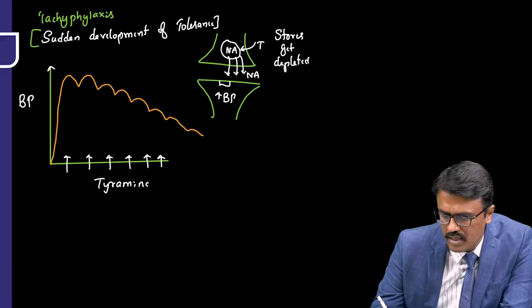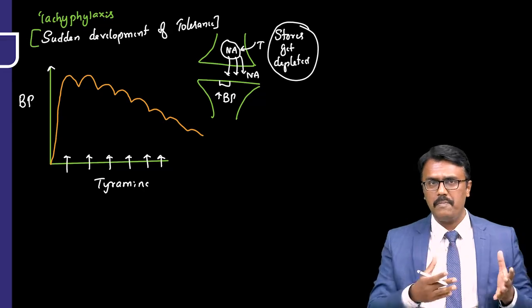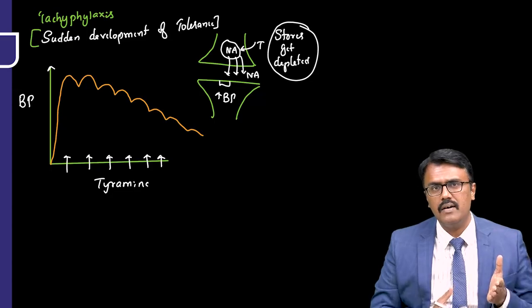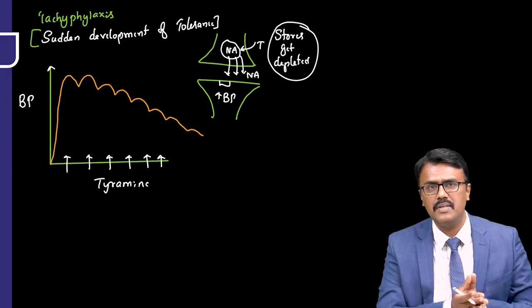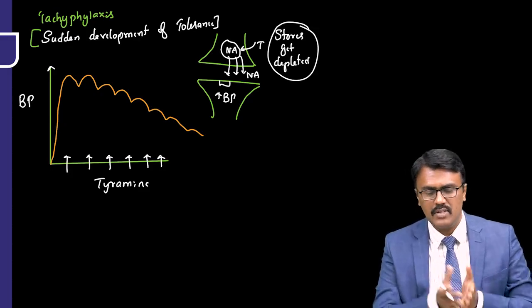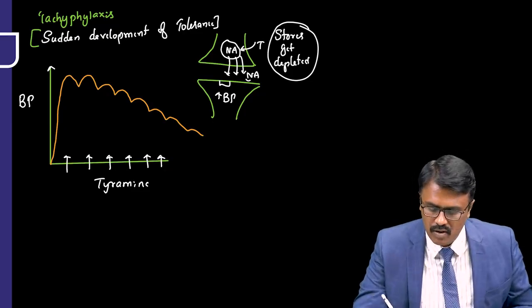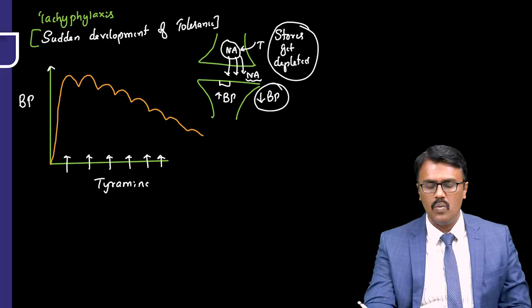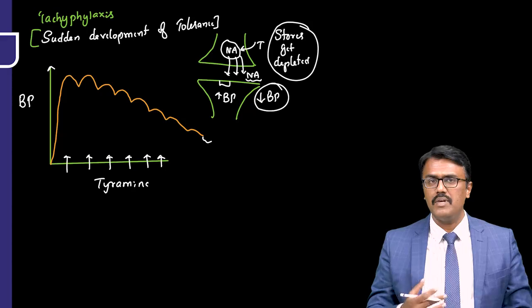When the stores get depleted, norepinephrine is not able to be released, because you know the pathway: from tyrosine we get dopa, then dopamine, then norepinephrine. It takes steps. The rate limiting step is tyrosine hydroxylase, so the synthesis takes time. So the storage is depleted, and when the storage is depleted, norepinephrine is not released. So the BP keeps on coming down. This is the reason why the BP comes down, and this develops immediately.